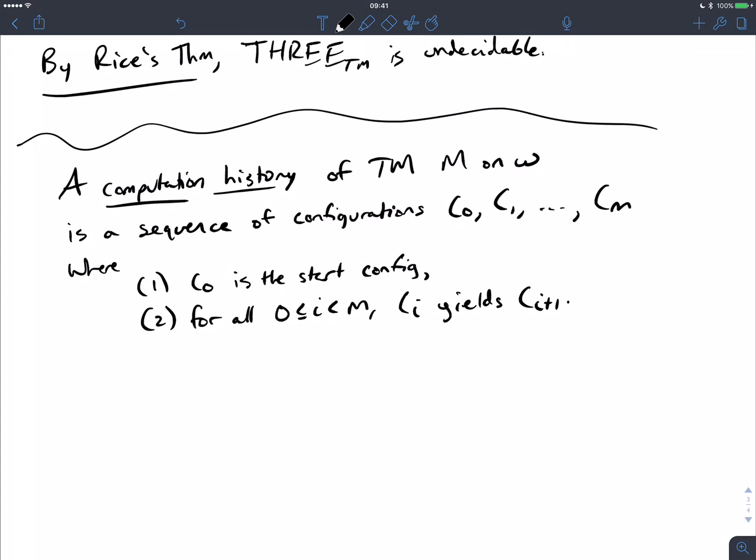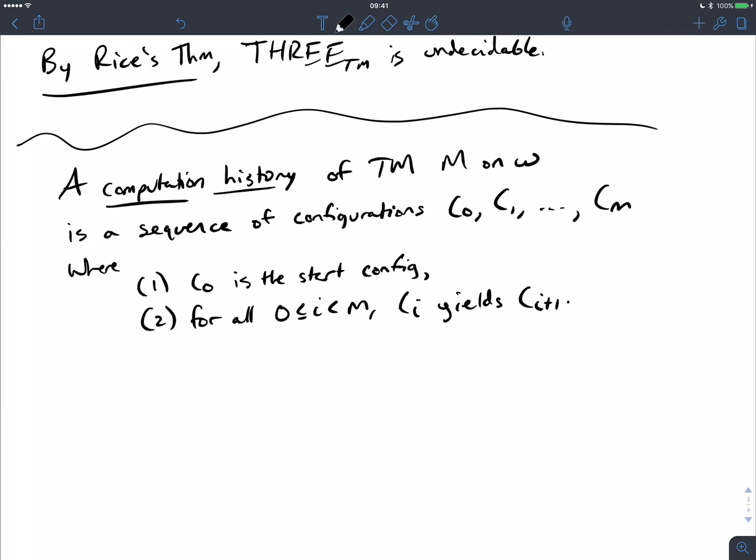In other words, it's a valid computation of M on w, just written out. The name of it is called a computation history.